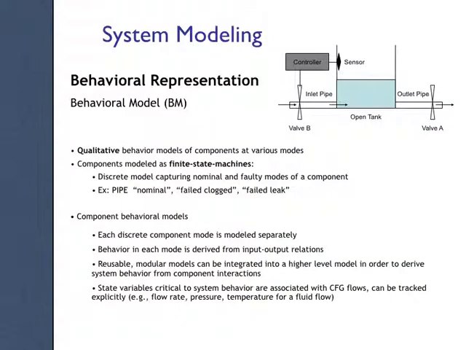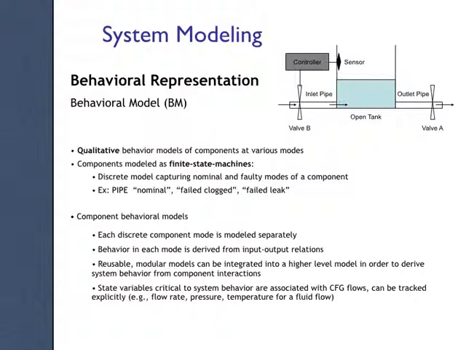Okay, so now the third and final part of the first section of the methodology is the behavioral representation. So this might be the newer part, stuff that you guys are a little bit less familiar with. So the behavior models here are these qualitative type of models.